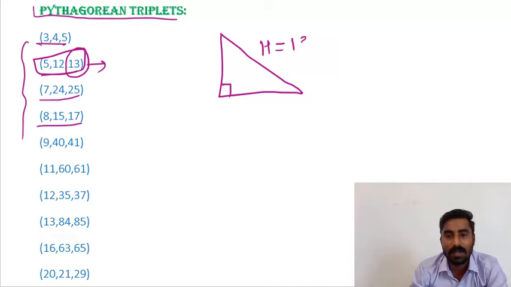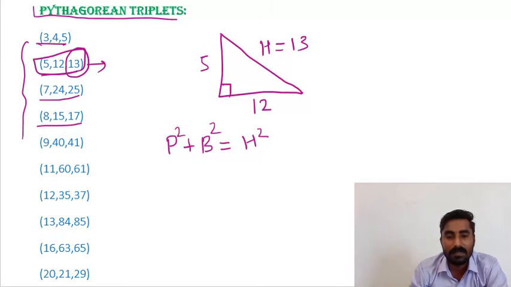The hypotenuse is 13 and the remaining sides will be the base and perpendicular. Suppose 5 is the perpendicular, then 12 will be the base. We can check it using the Pythagorean theorem: the square of the perpendicular plus the square of the base is always equal to the square of the hypotenuse.